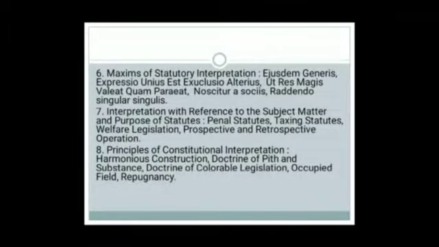Then the other thing which we will study under the 8th unit, which is very important, is construction. Now what is construction? It's like drawing conclusions beyond the direct expression of the text.